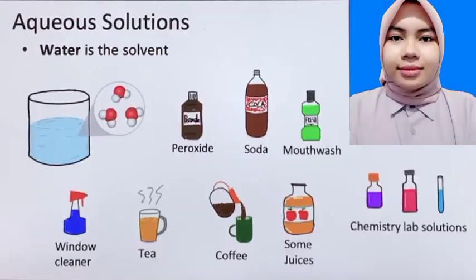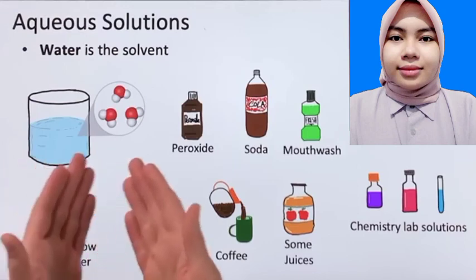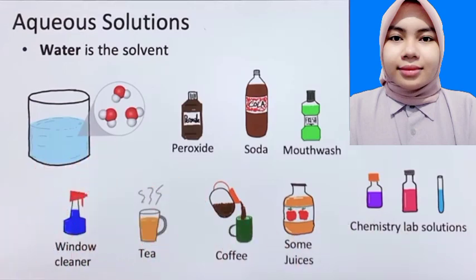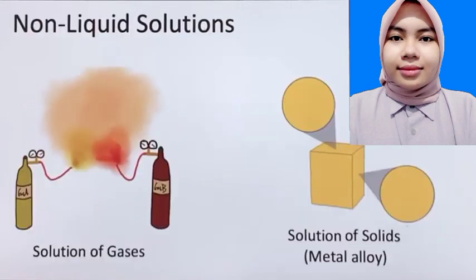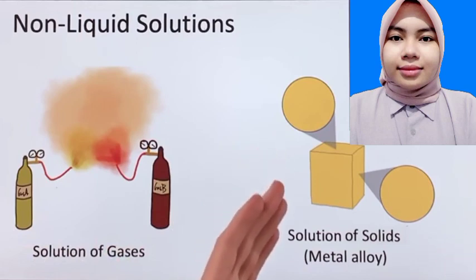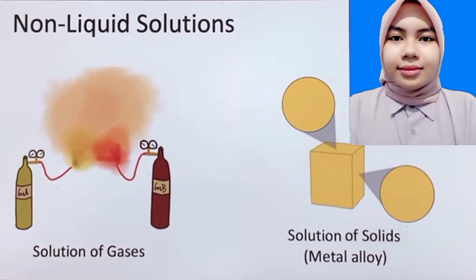Most liquid solutions that we talk about in chemistry are aqueous solutions, which means that water is the solvent. But keep in mind that solutions can also be mixtures of gases or they can be mixtures of solids, like metal alloys. So that is an introduction to solutions.